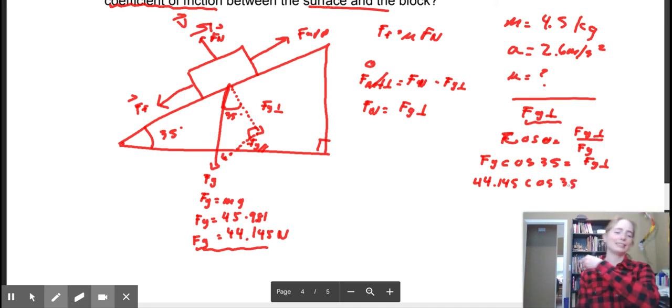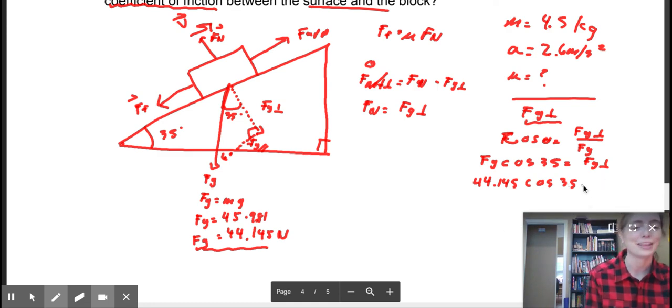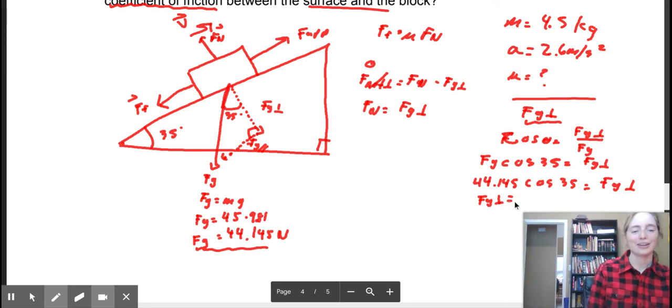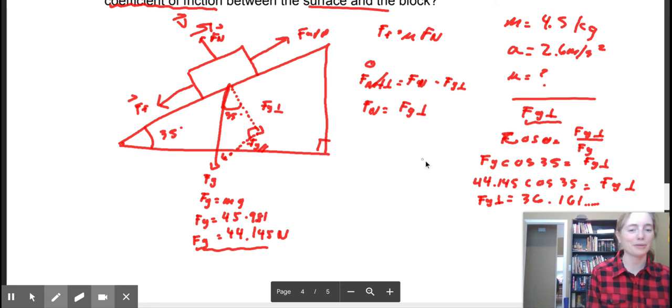No rad time in physics. That's going to give you your Fg perpendicular, a value of 36.161 and so on. Remembering that this is equal to our normal force, we can just equate that.